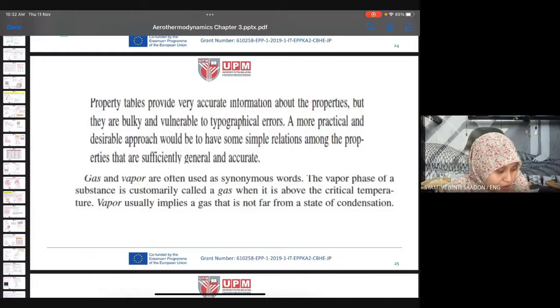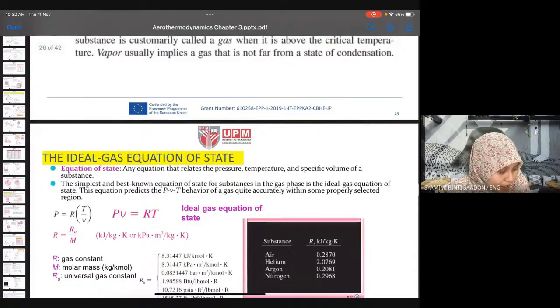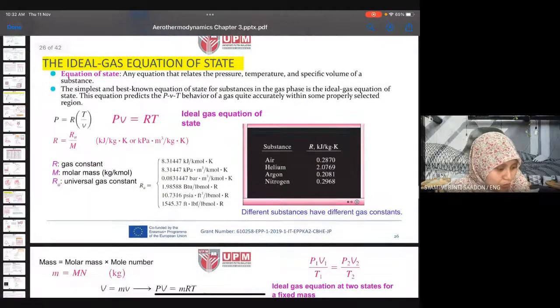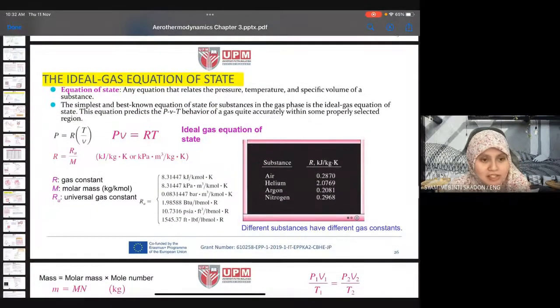So one of the most important parts in thermodynamics is the ideal gas equation of state. Equation of state is any equation that relates the pressure, temperature, and specific volume. For ideal gas, it doesn't mean only air.